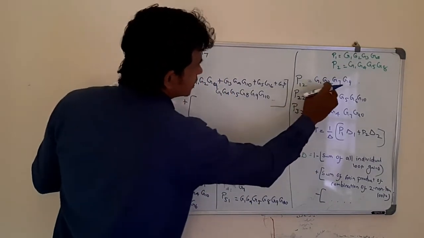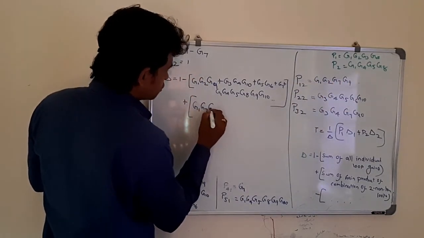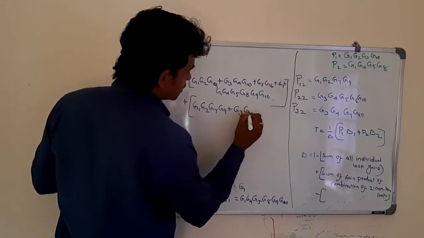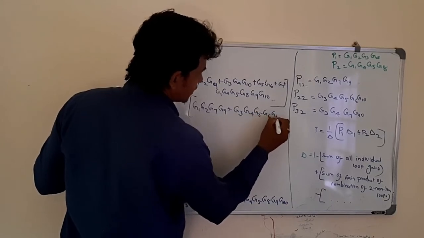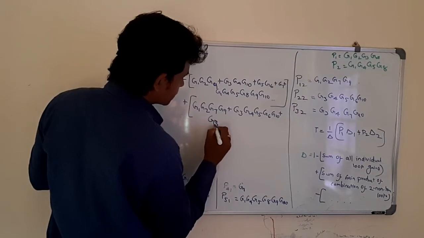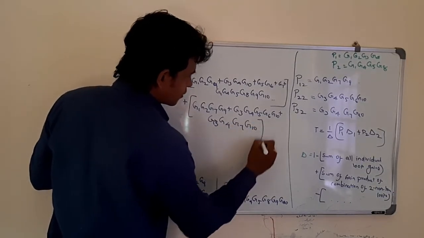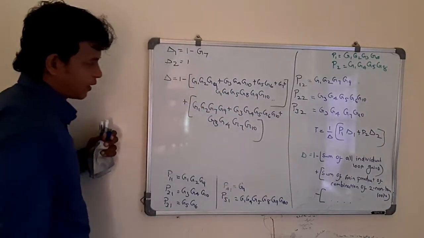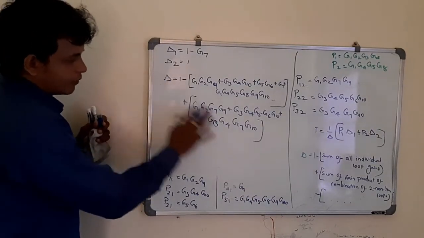So that is G1, G2, G7, G9 plus G3, G4, G5, G6, G10 plus G3, G4, G7, G10. And we do not have the remaining portion, so we are stopping here in finding the value of del.